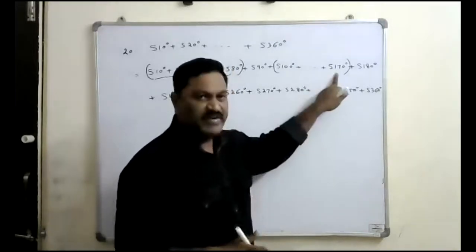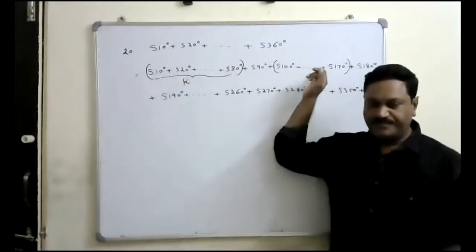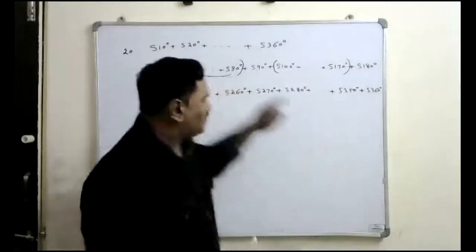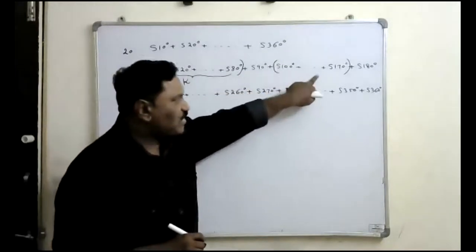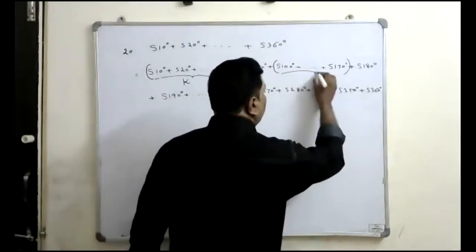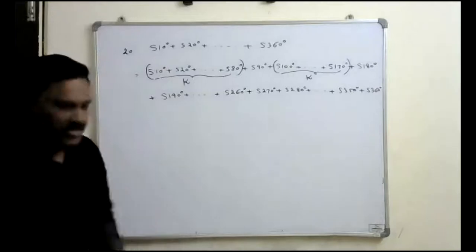So sine 170 is equivalent to sine 10, the same value. Like that, if we convert all these angles, we get the same angles again. That's why this sum and the first sum give the same value, so this is also equivalent to k.